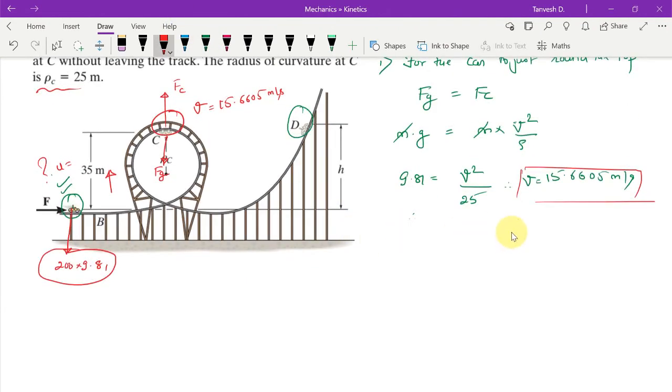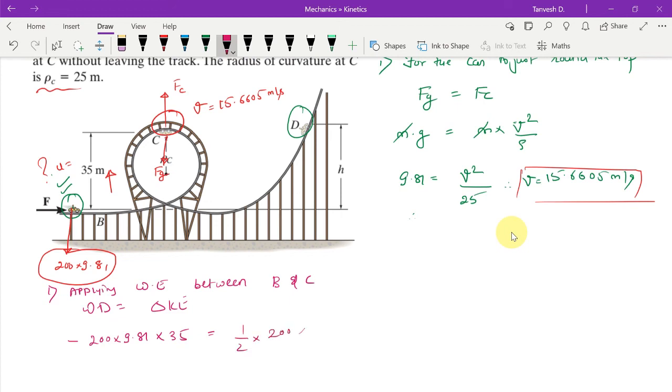Therefore, work done is change in the kinetic energy. Therefore, minus of 200 into 9.81 into 35 meters, the displacement, is equal to, now here we are applying work energy between B and C. Okay, so minus 200 into 9.81 into 35 is equal to half into mass, 200, into final velocity 15.6605 square minus the initial velocity square.